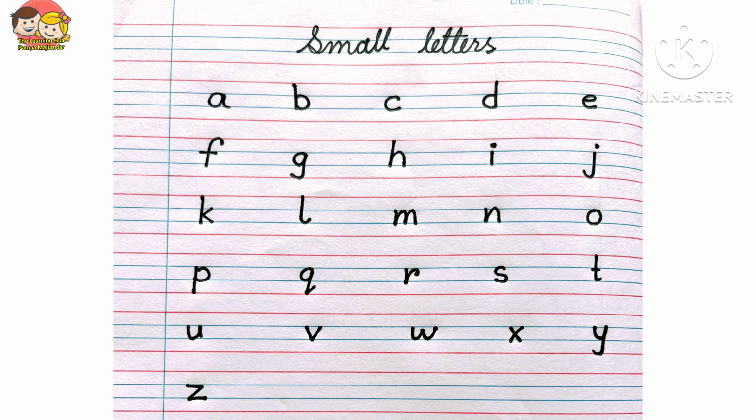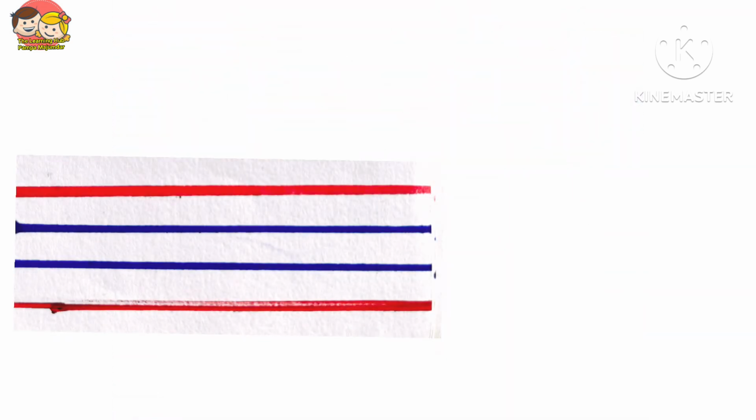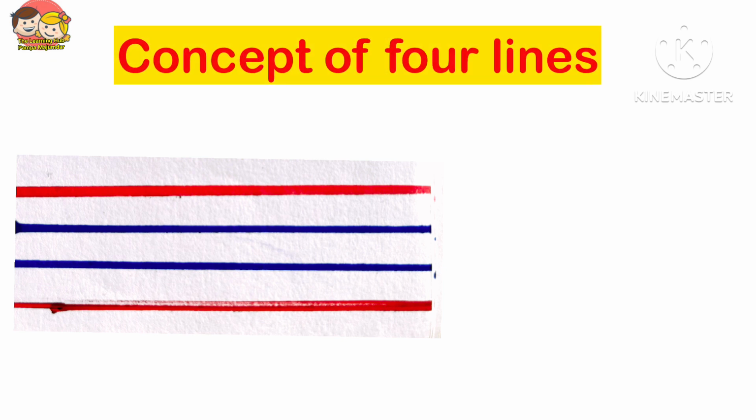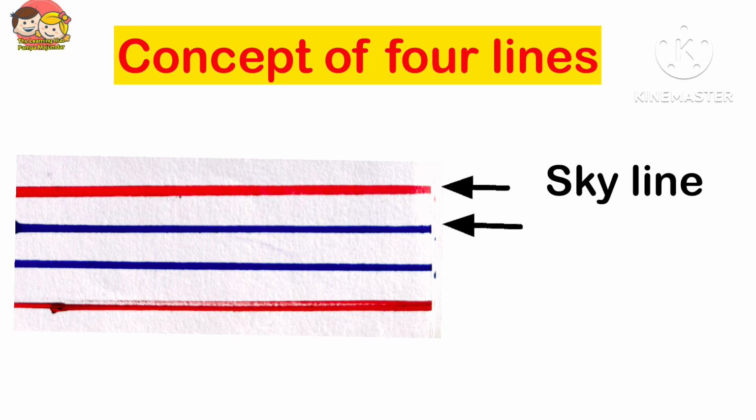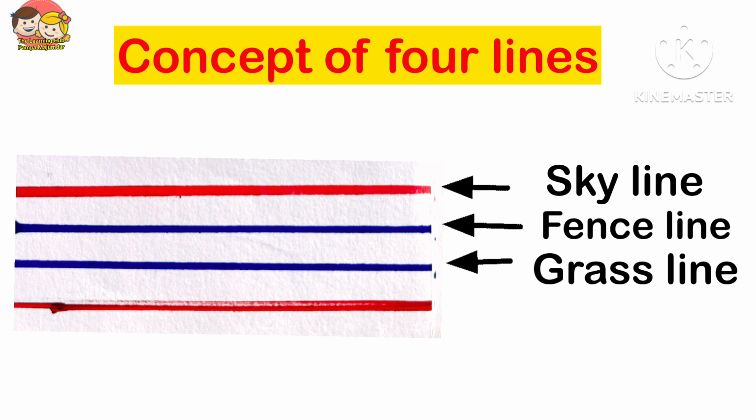So before starting the concept, we should know about the concept of 4 lines because the letters are written on the 4-lined paper. So first line is skyline, second line is fence line, third line is grass line, and fourth line is root line.